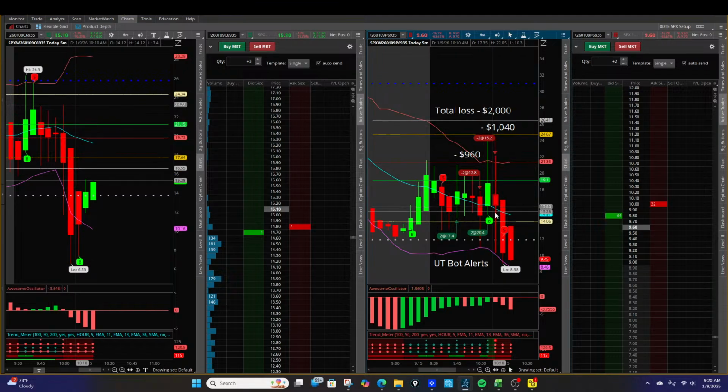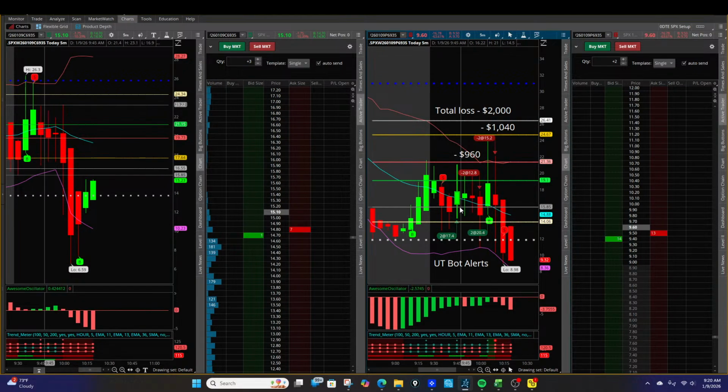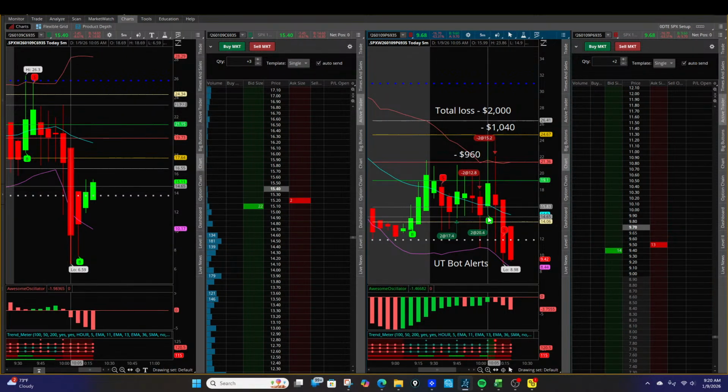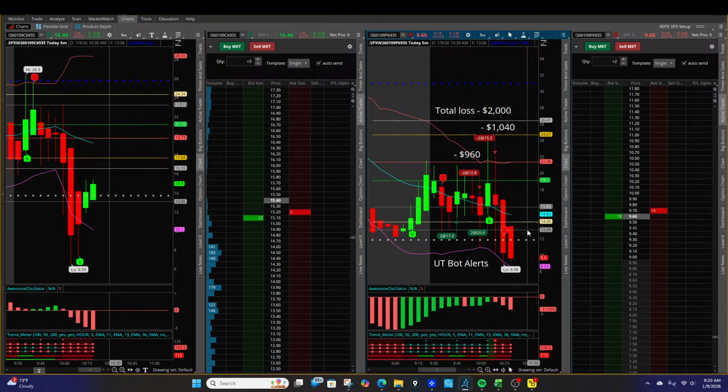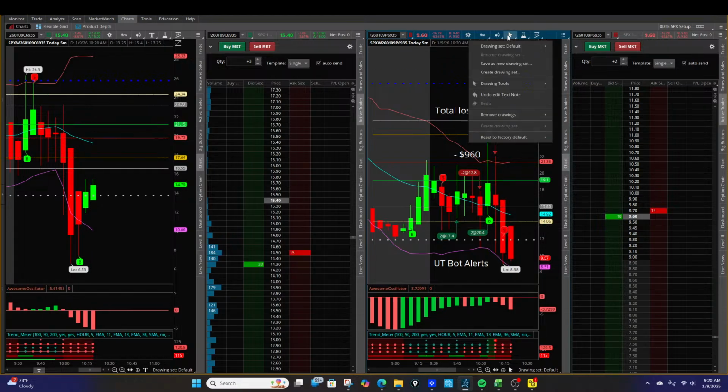The only thing that it seems to have changed is the buy signal that was here at 9:45 is now gone. And that seems to be the only thing. Let me look at another one.